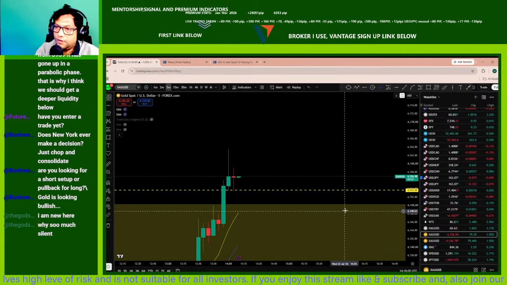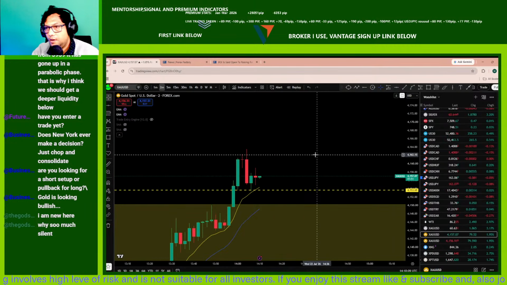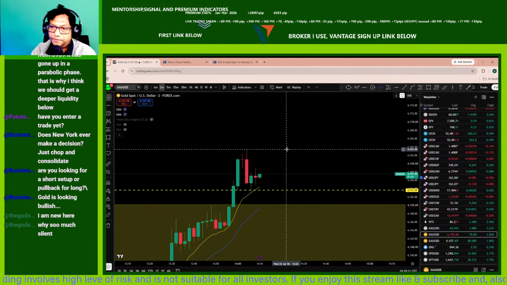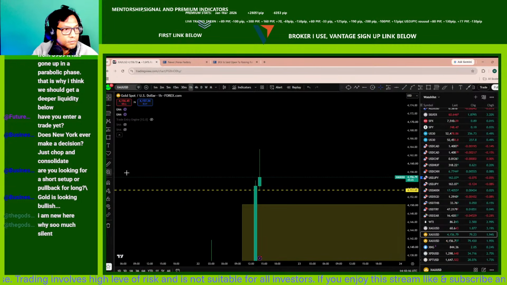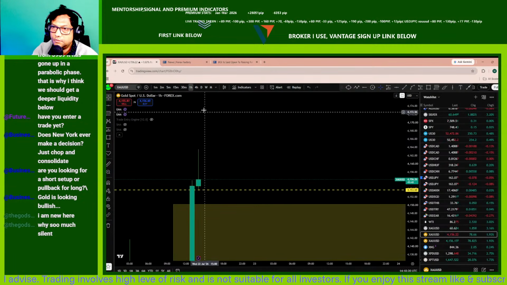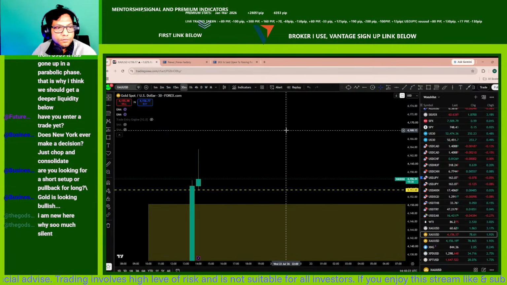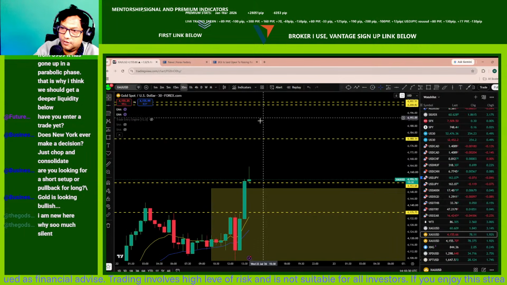So a few long wick candlesticks at this level. So with the candle close, the market is now finding it hard to go up.